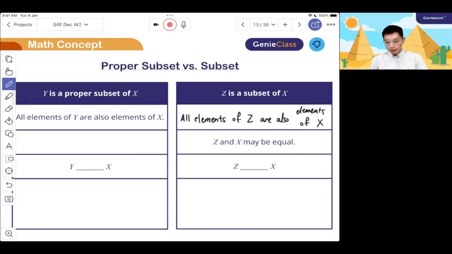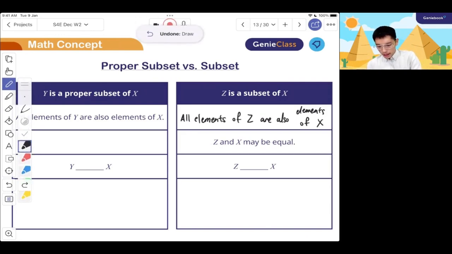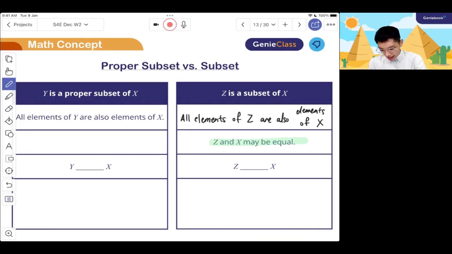And take note, for subset, this is very, very important. Both of the sets may be equal to each other because it's not really properly a subset. I'm not sitting in properly. I'm containing it, but since I contain you totally, I still consider you a subset because you can contain in me. But to properly contain, Y cannot be equal to X.